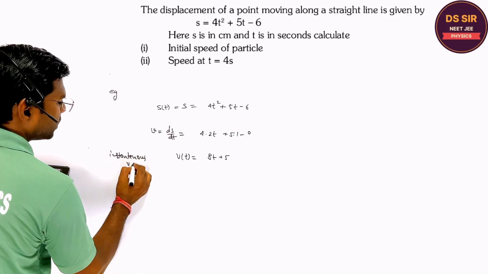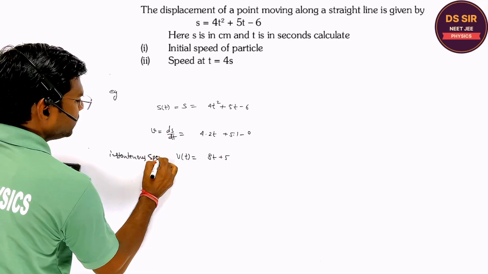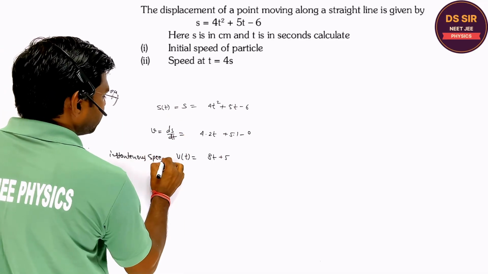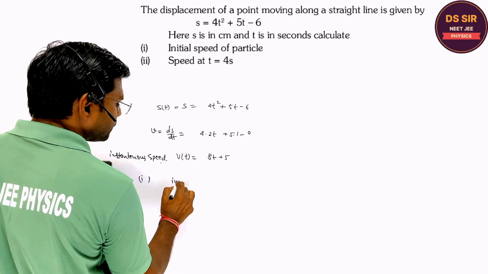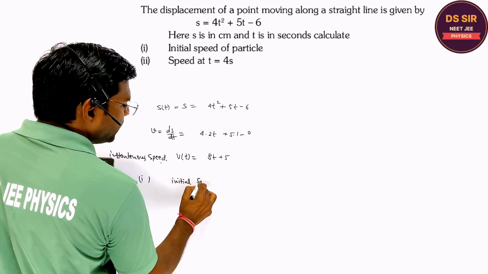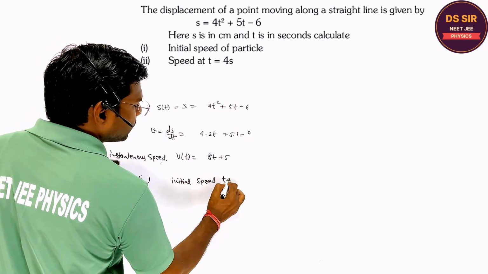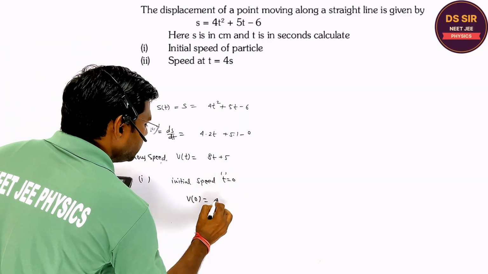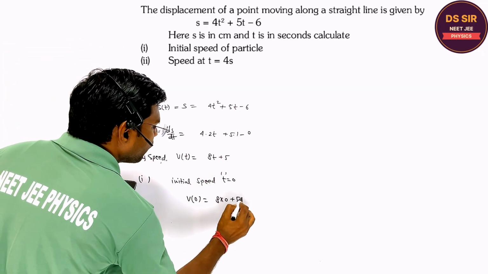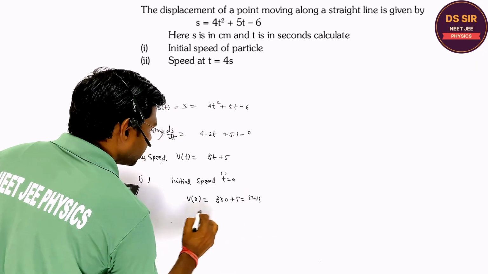Instantaneous velocity or instantaneous speed, you can say, if this is the distance. Fine. So first part, initial speed means at what time? Say t is equal to 0. So initial speed is 5 meter per second.